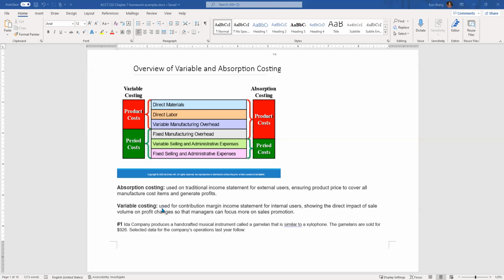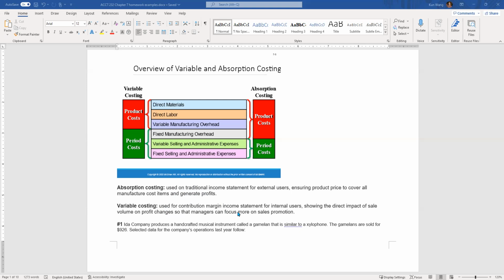Under variable costing, the profits will be directly related to the sales volume. So the more sales units the company can make, the higher profit they can earn for the period. So it shows a direct relationship between the sales volume and the performance.